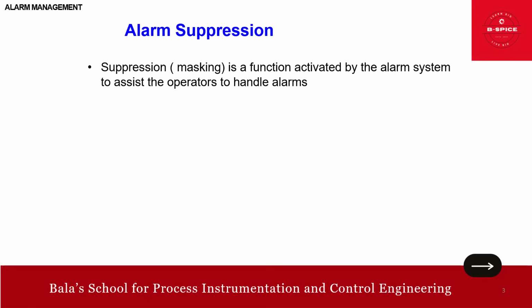The principle is to hide or mask alarms which no longer have any value to the operator and which may cause the operator to miss alarms which do have value. So there are two general categories of suppression, as I said earlier, bulk and logical.